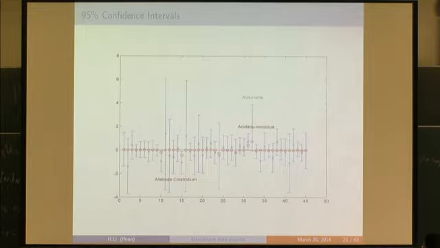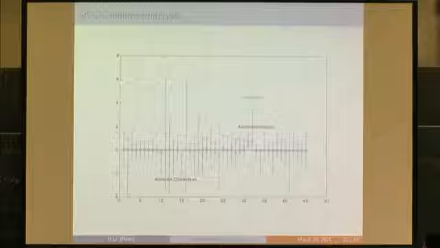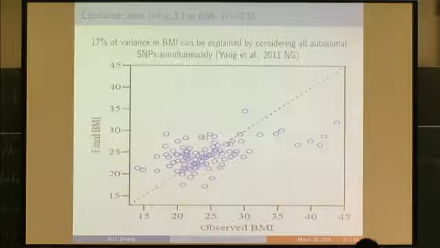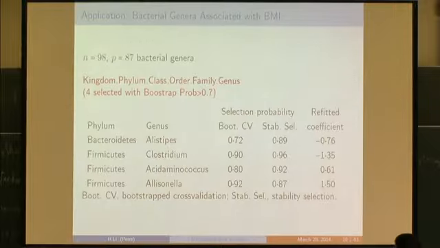Exactly the same bacteria genera have 95% confidence intervals not including 0. So if you look at the confidence interval, if you look at the selection probability, they all point to those 4 different bacteria genera that are associated with BMI.